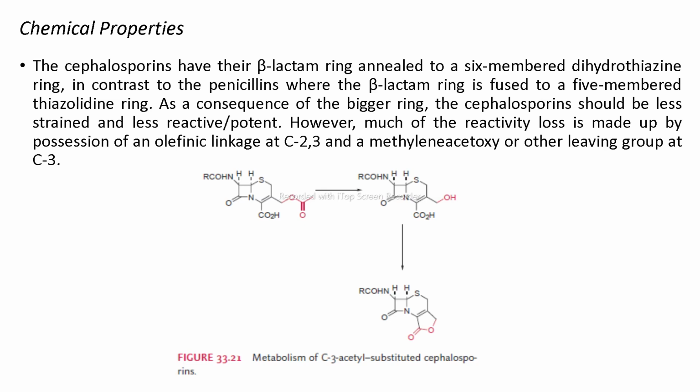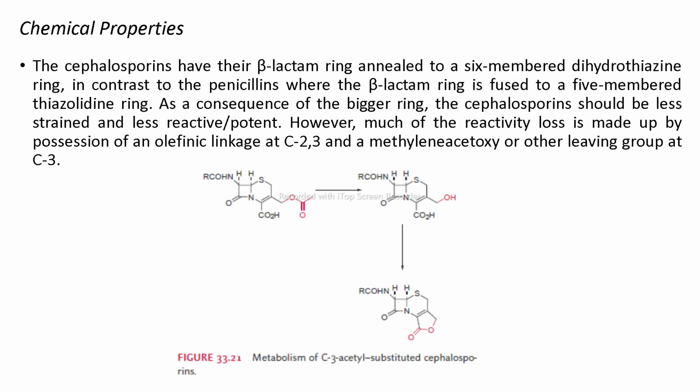Thiazolidine is a 5-membered ring, whereas the dihydrothiazine ring is 6-membered. So as a consequence of the bigger ring, the cephalosporin should be less strained and less potent.